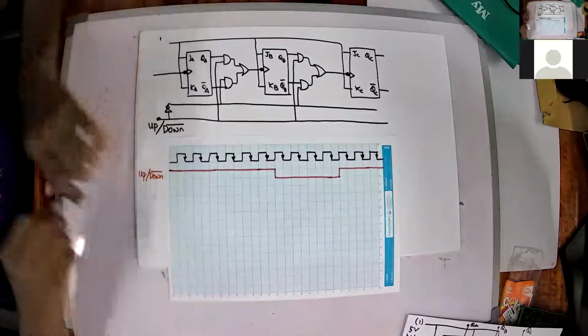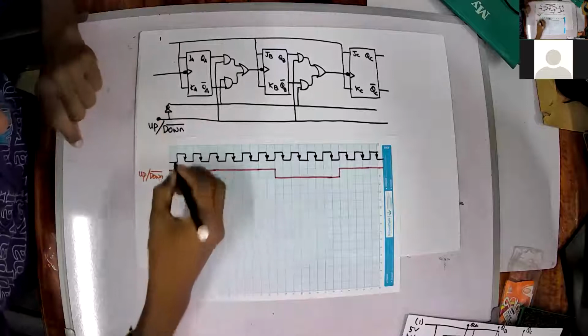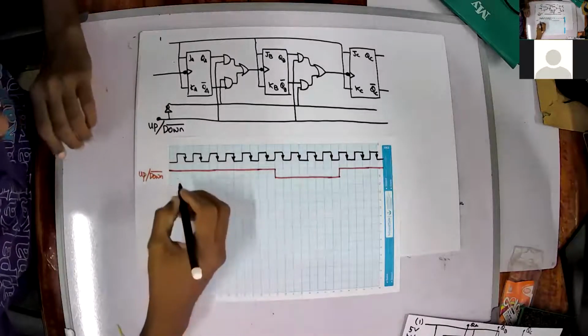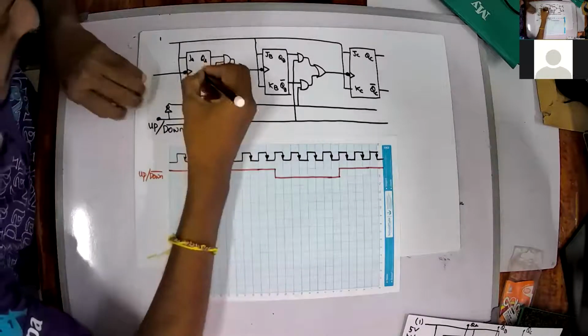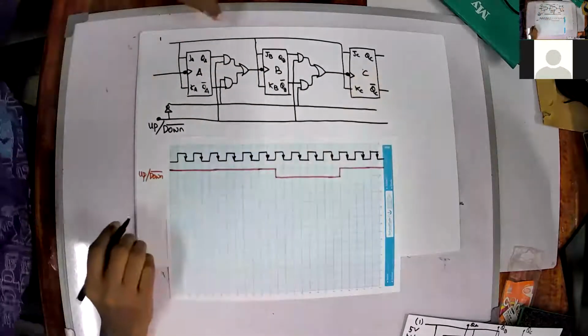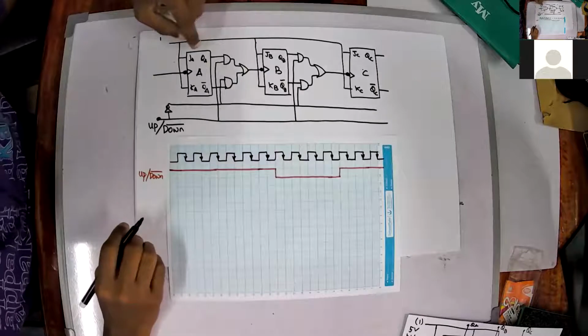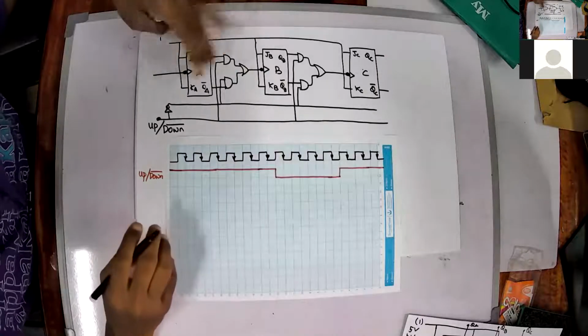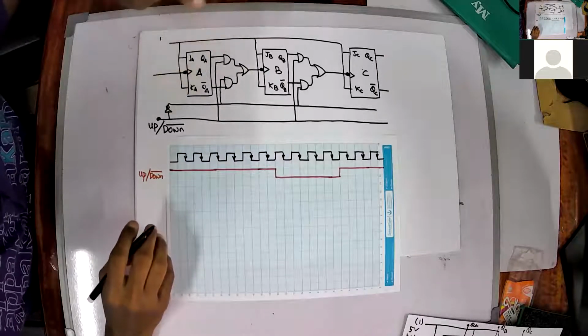Up is 1, and then we'll draw the output of your flip-flop A. The clock does not depend on whether it is up or down.